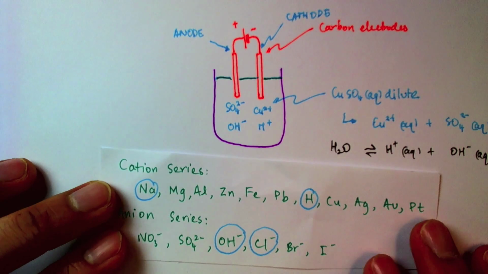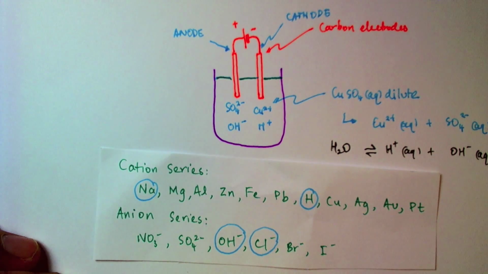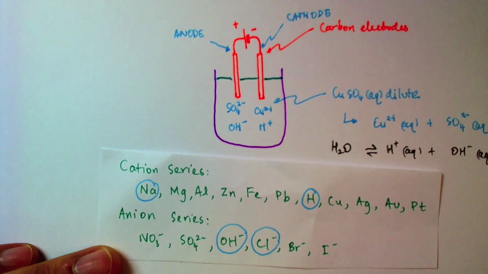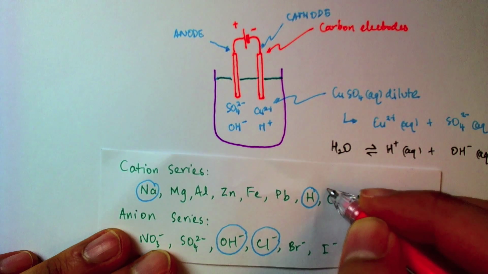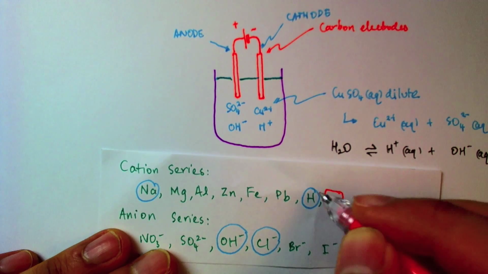So let's look at the cathode first. At the cathode I have my metal ions, so I'll look at the cation series. Now I'm comparing copper and hydrogen.